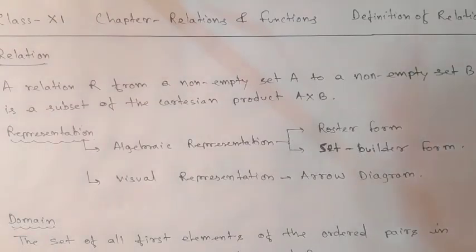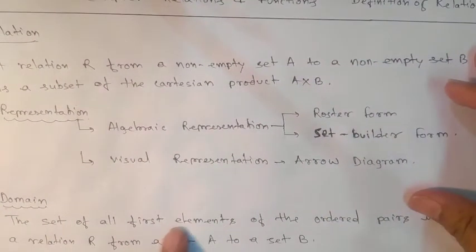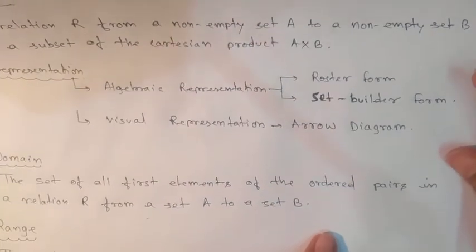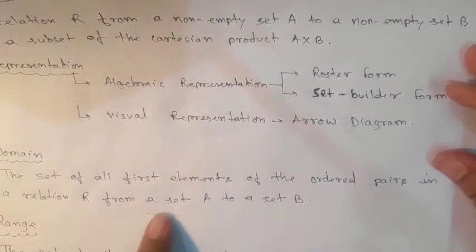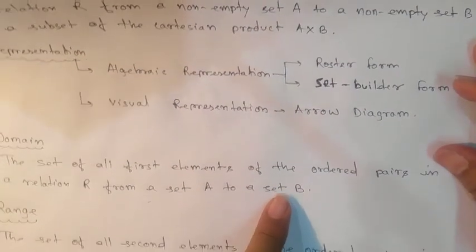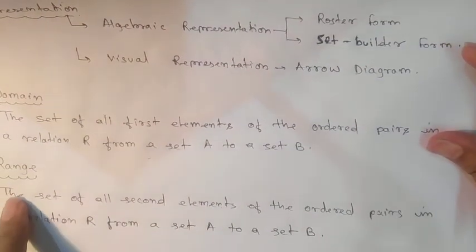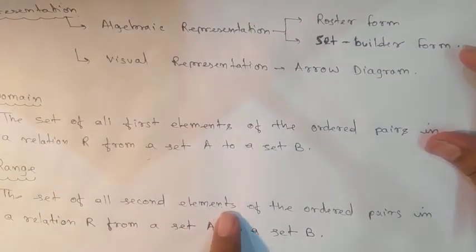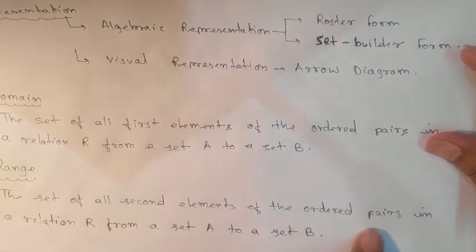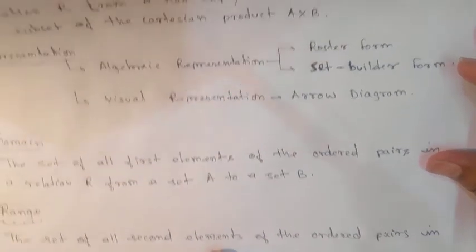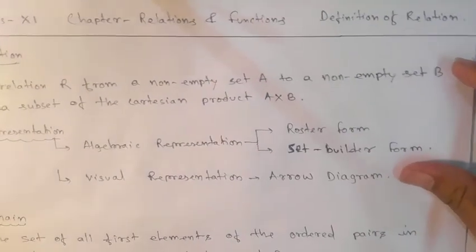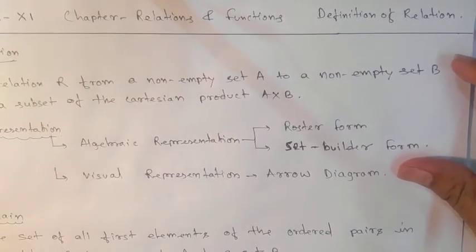So here we have the definition. Domain: the set of all first elements of the ordered pairs in a relation R from a set A to a set B. Similarly, range: the set of all second elements of the ordered pairs in the relation R from a set A to a set B. Now, a relation can be represented in two ways.